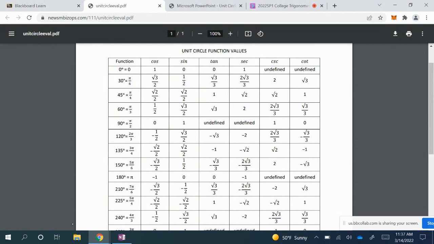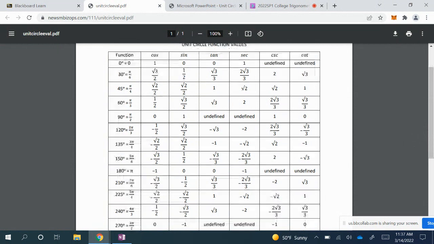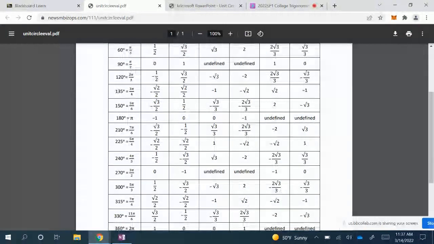Right, so I see that 0 degrees has a secant of positive 1, so that's one solution. And as I scroll down, I see that 180 degrees has a secant value of negative 1, so pi is one of my solutions.